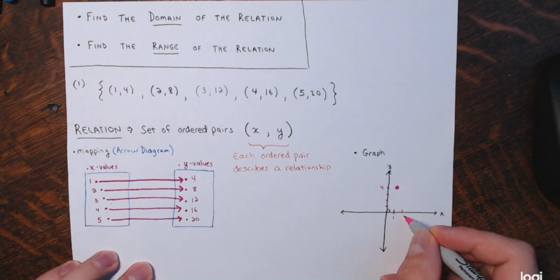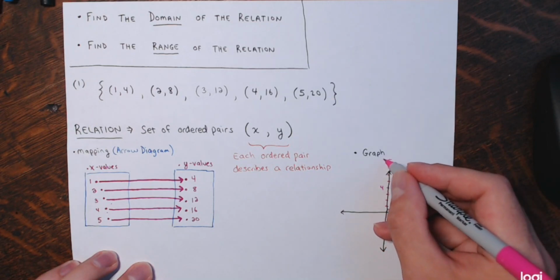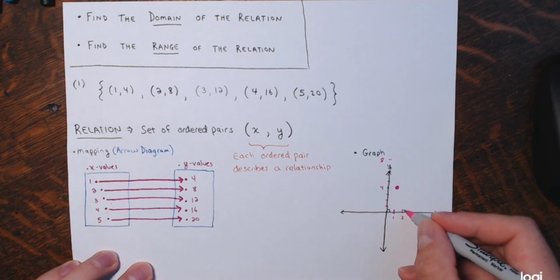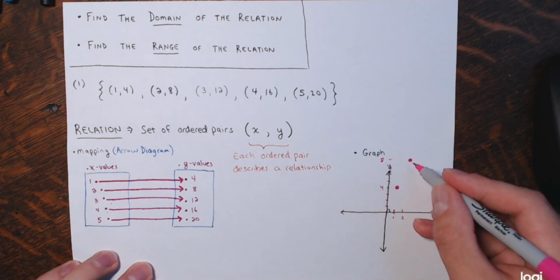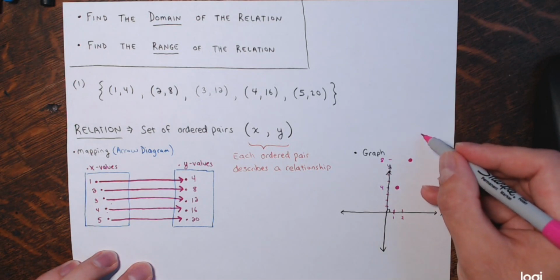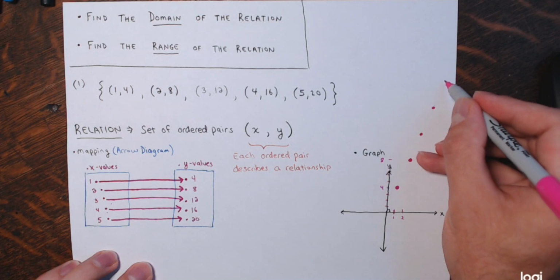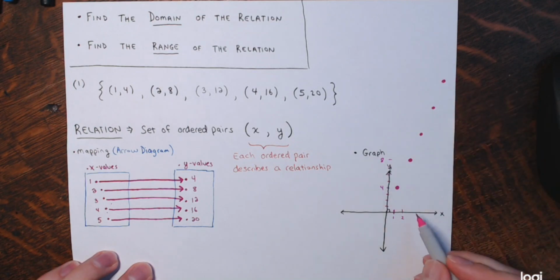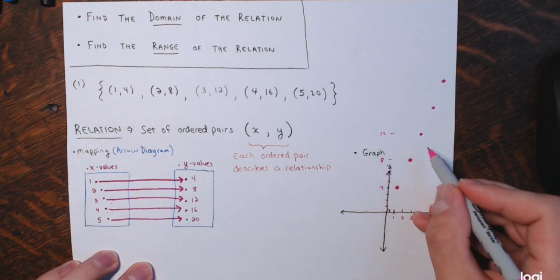2, 8, 2 on the x, 8 on the y, and I point out that location. And then 3, 12, 4, 16, 5, 20. 3 on the x, 12 on the y.